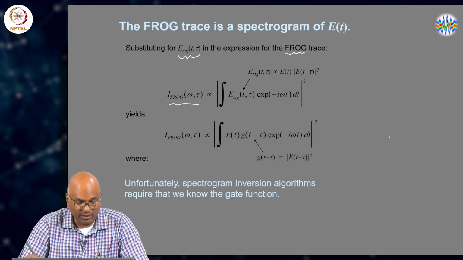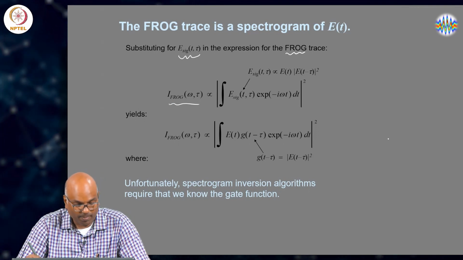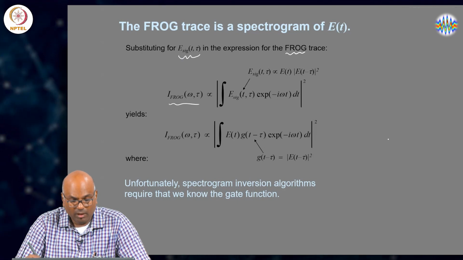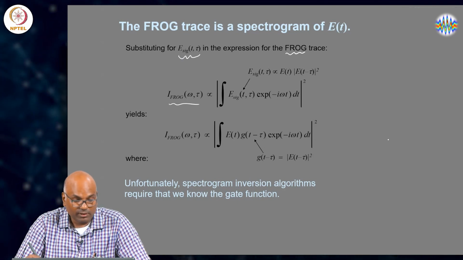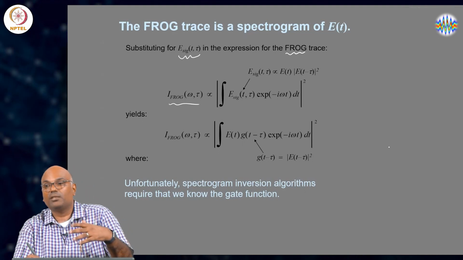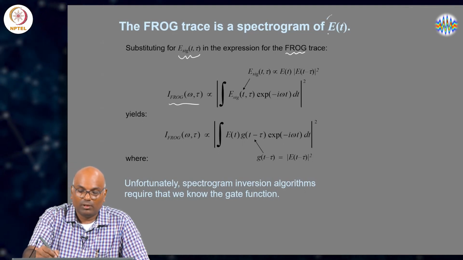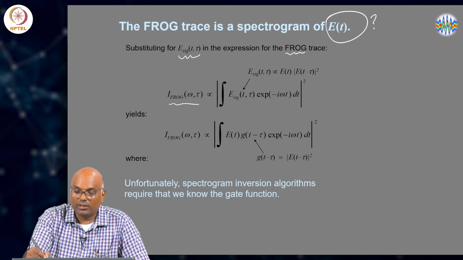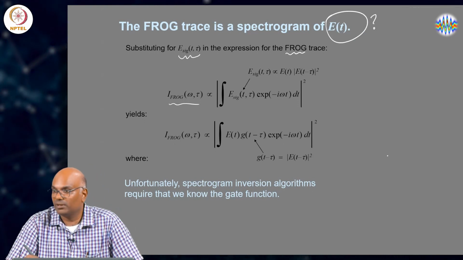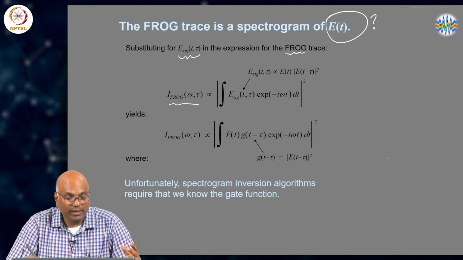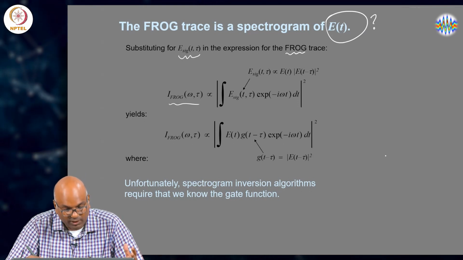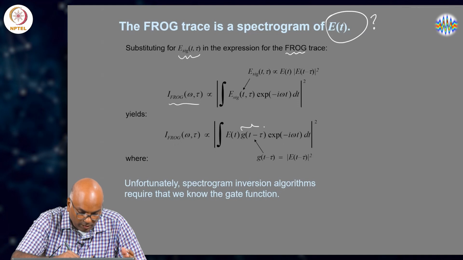Frog measurements are intensity measurements, right. As a consequence, now we have got to address the second half of the problem. What is E of t? How do I retrieve this? In order to know E of t, we need to know the gate.